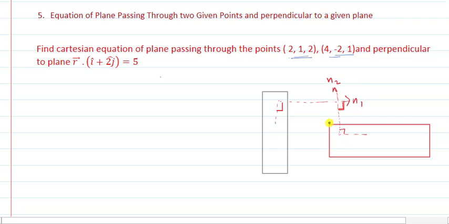It means these two are perpendicular to each other. So if the planes are perpendicular to each other, their normals will also be perpendicular to each other.